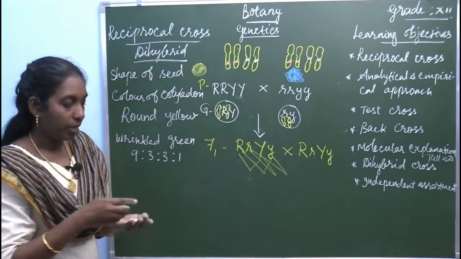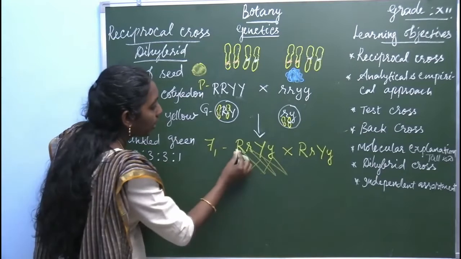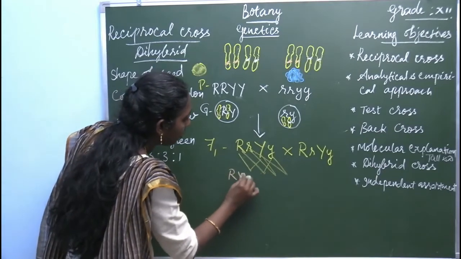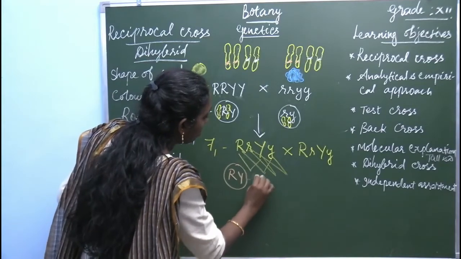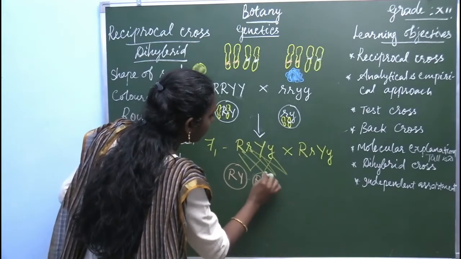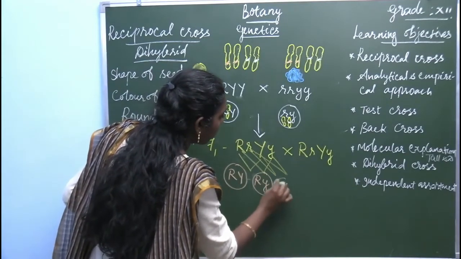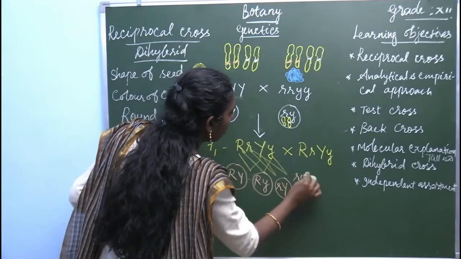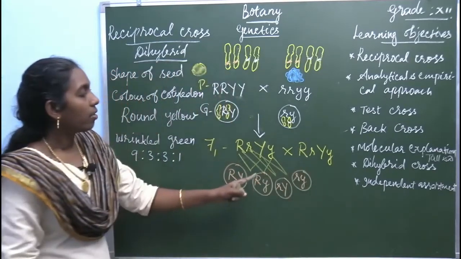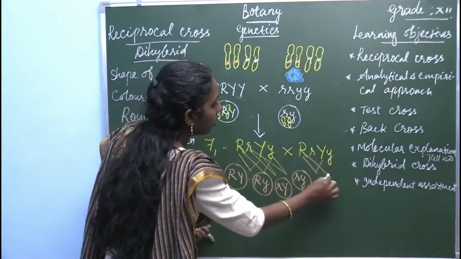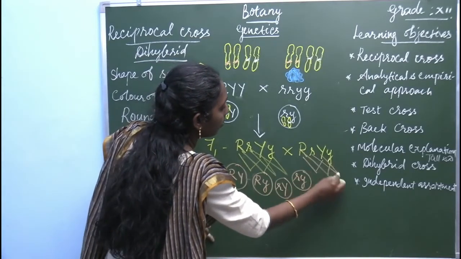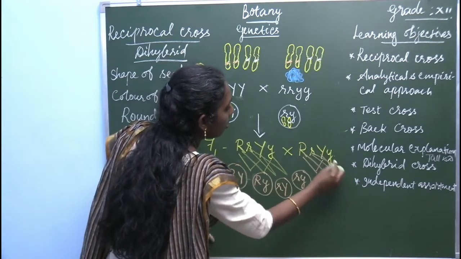These four combinations are possible. Likewise, here also: capital R capital Y, capital R small y, small r capital Y, small r small y.